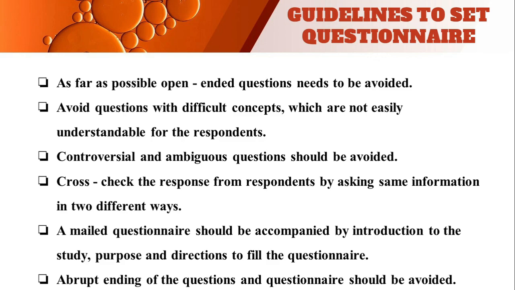Ambiguous question means the answer cannot be given easily by the respondent. They don't know which one to choose. So such questions we should avoid. Controversial questions related to any political affairs, related to any cultural values, beliefs. Such controversial questions should not be made in the questionnaire.